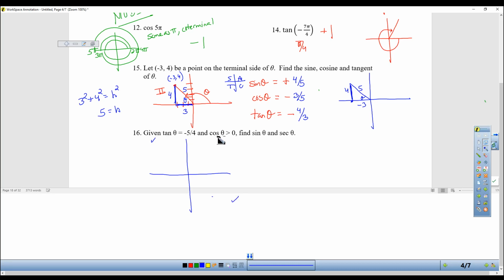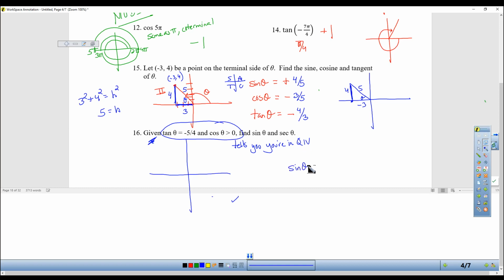But it says that cosine is positive. So it's not, did I say 1 or 4? 2 or 4. But it's not going to be in quadrant 2 because cosine's negative there. So this information tells you you're in quadrant 4. Okay?